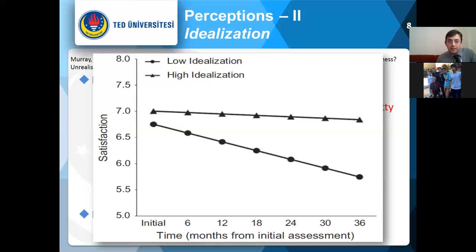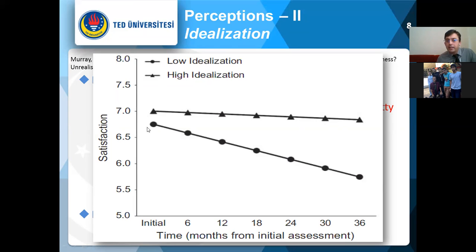That's the positive side. But just observe the second line here, the black dots line. If the idealization initially was low, satisfaction decreased and decreased in time.